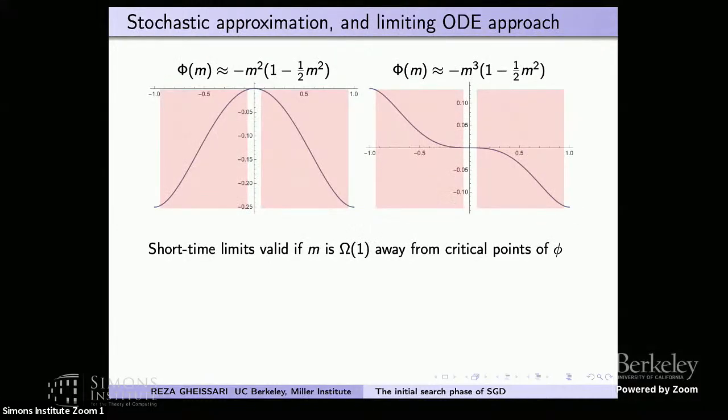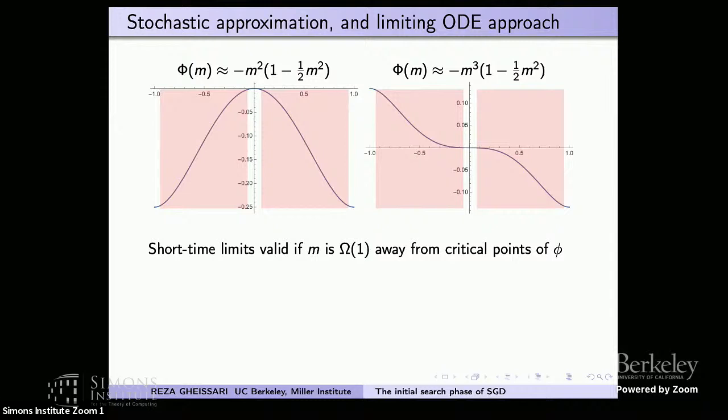Okay, so the stochastic approximation or limiting ODE approach I was talking about, where you just send this extra mean zero term to 0, is valid in the regime where you're starting away from this saddle point at the origin. If I start with any Omega of 1 correlation, then I'm going to move pretty quickly with the population dynamics, right?